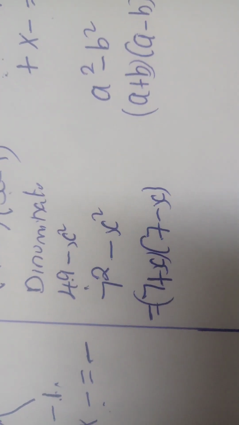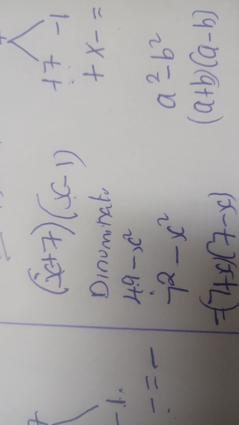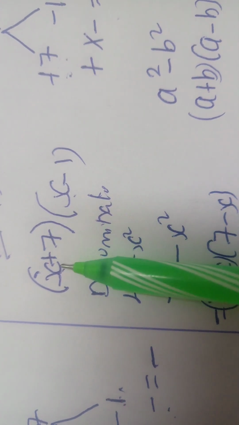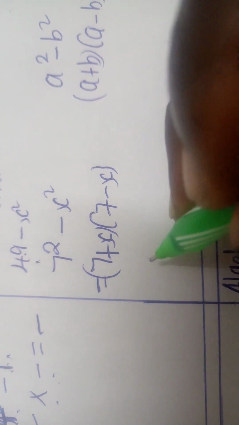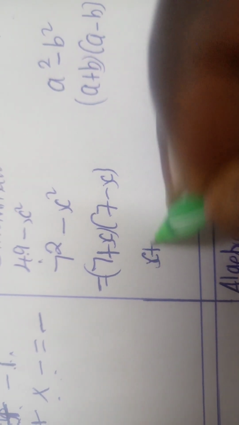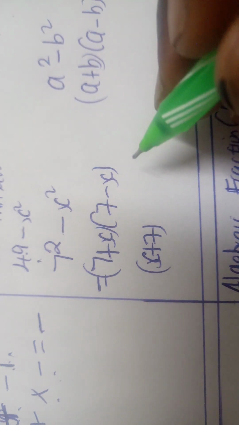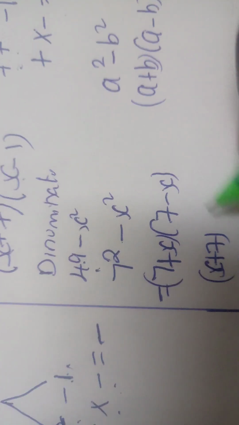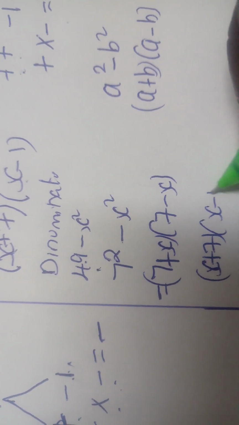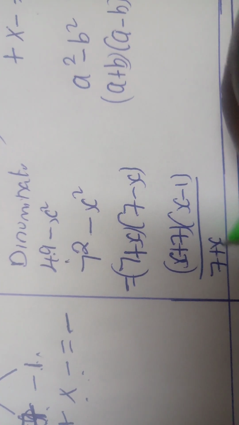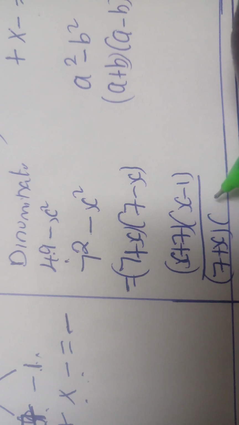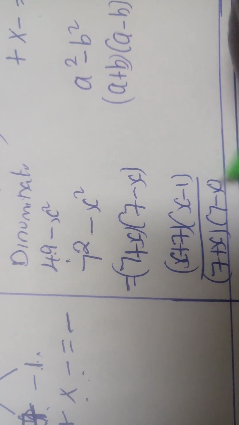Now let's combine the numerator and the denominator. What was our numerator? This was our numerator: x plus 7, then the other bracket was x minus 1. Our denominator was 7 plus x, then the other bracket was 7 minus x.